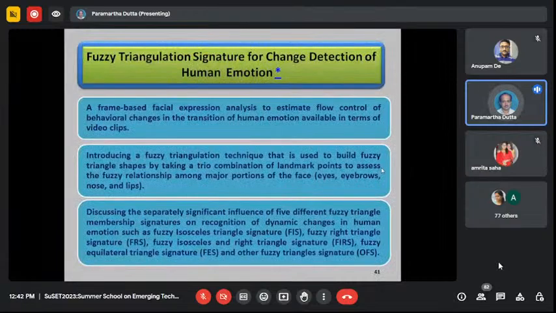Coming to the third method, which we are going to take up now, and in my opinion, this is the most interesting one. Let me introduce it. The interesting part of the whole thing is fuzzy triangulation. So regarding triangulation, whatever we have considered earlier, there was nothing fuzzy about it.